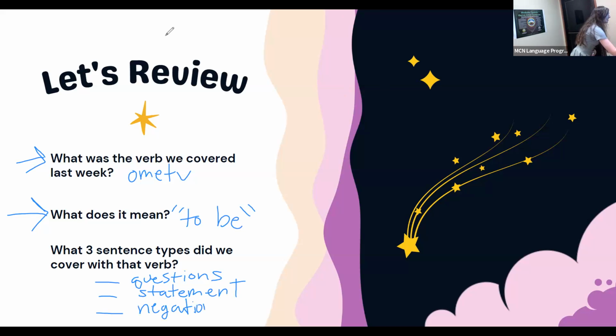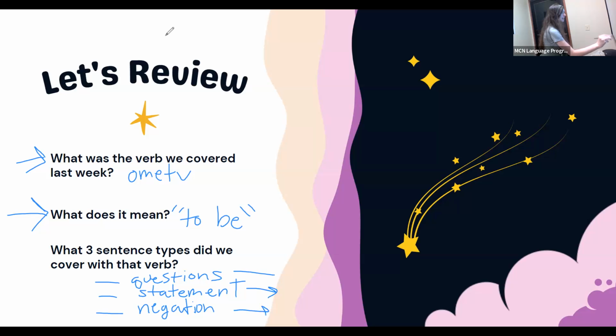Right, so for each one of these, what is it? Let's do a statement first, because statement's the base one. So we're saying blank is blank. For questions, what do we add for the question? Doa. Nice.